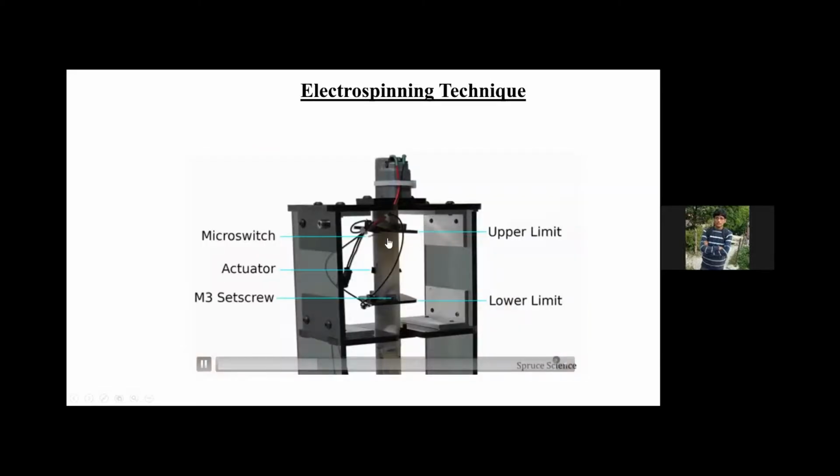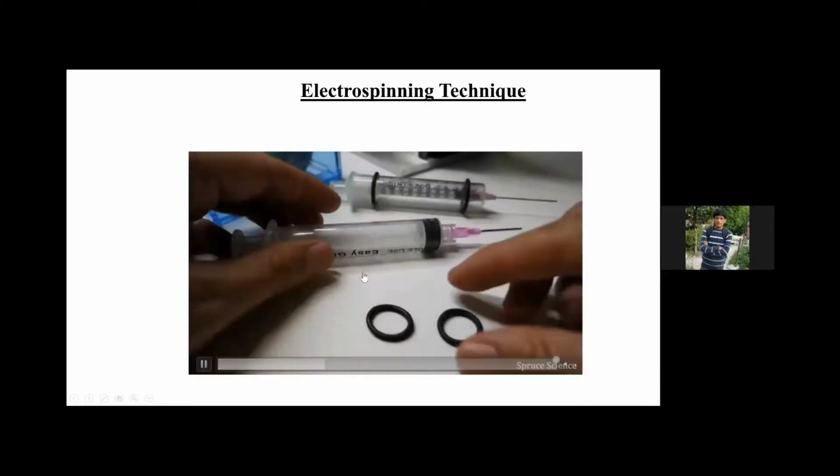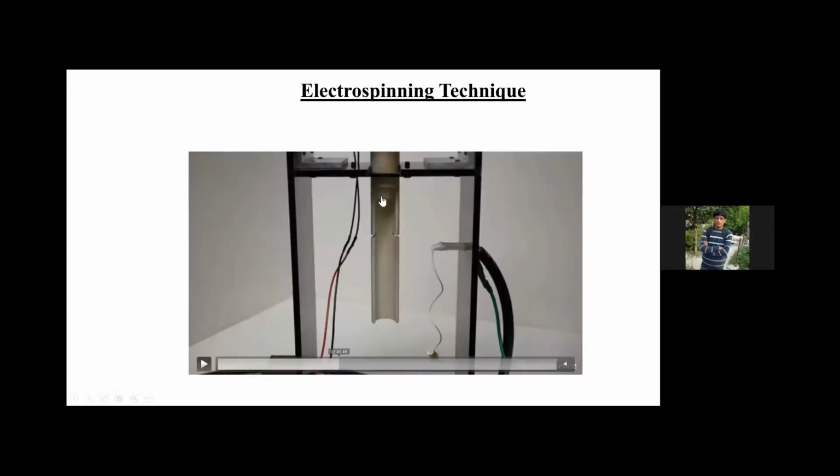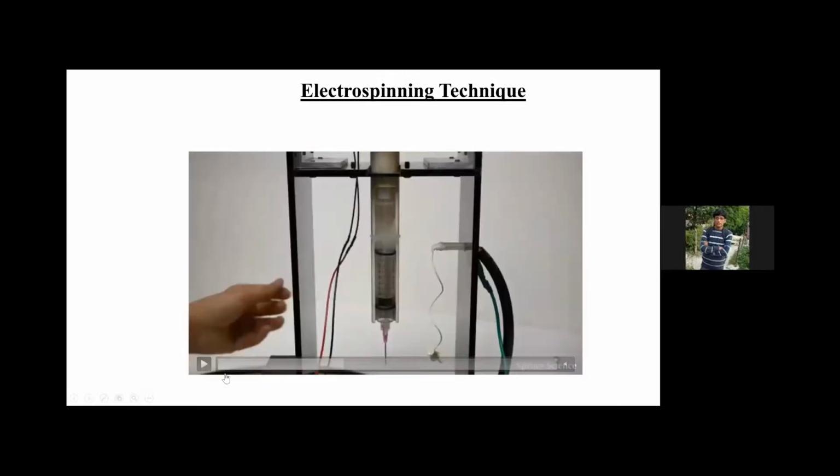The next one is the syringe pump. We have a normal syringe, and we fix it here. On the upper side there is a pressure, so it will press accordingly. We can control it so that through the needle we can drop the suspension.